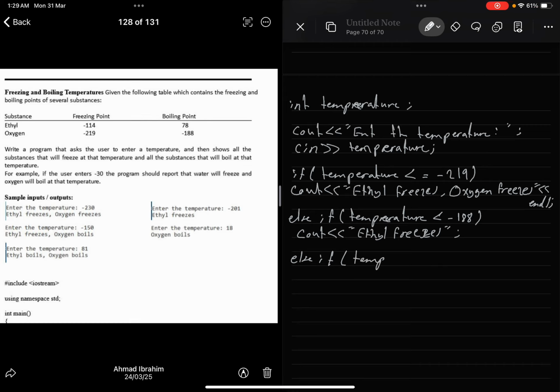Else if here temperature less than or equal negative 144, cout ethyl freezes and oxygen boils.